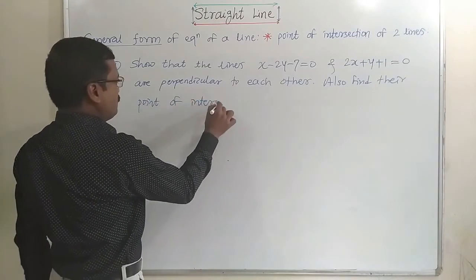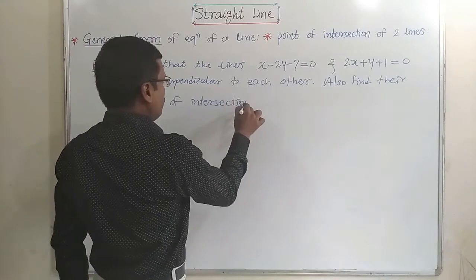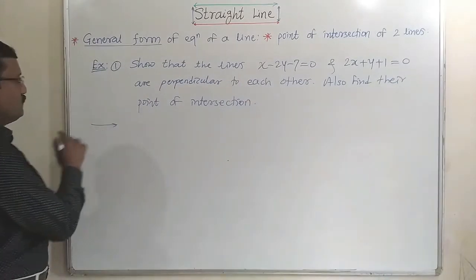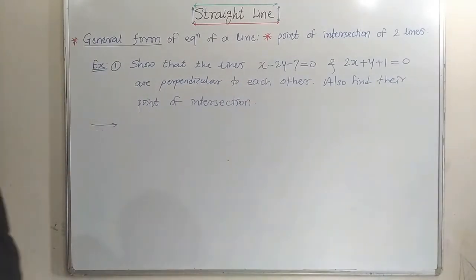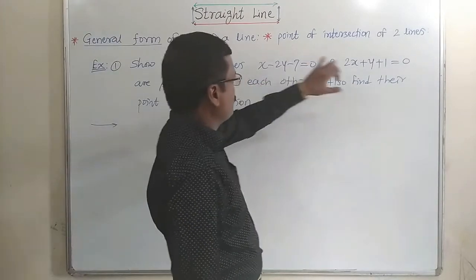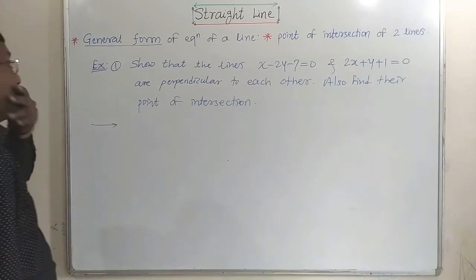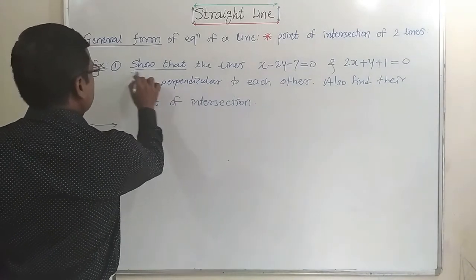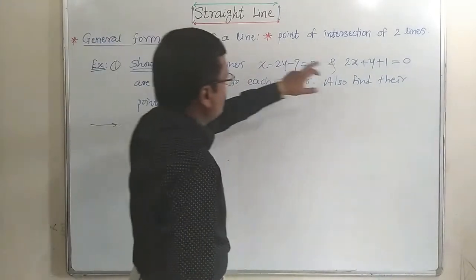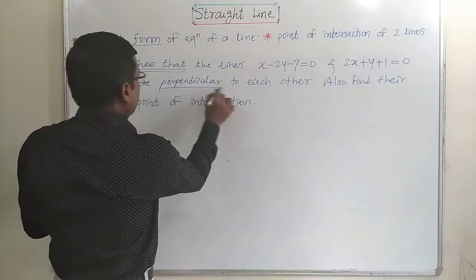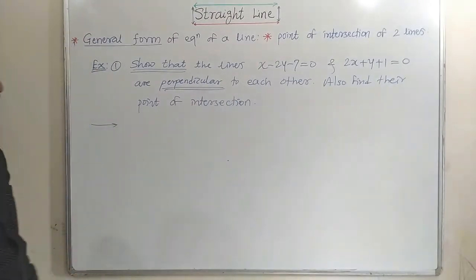Point of intersection is very simple to find. That is to solve only these two equations simultaneously. Before that, we have to show the first part that is given: show that these two lines are perpendicular to each other. For that, what to do?